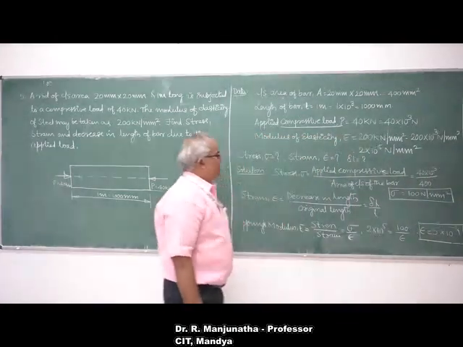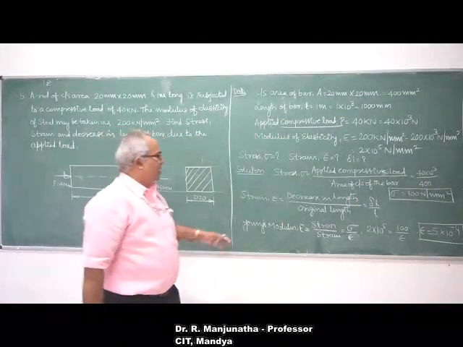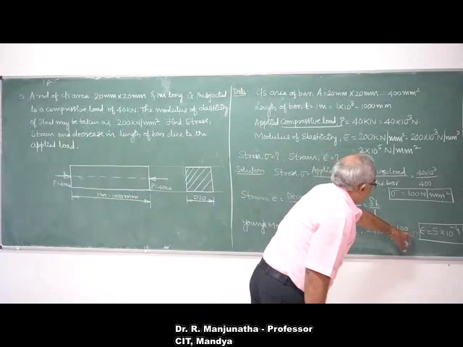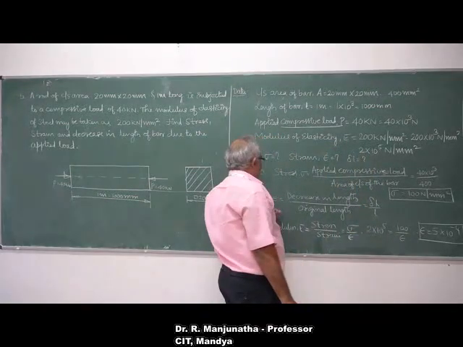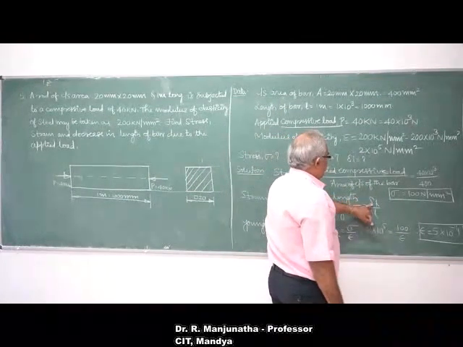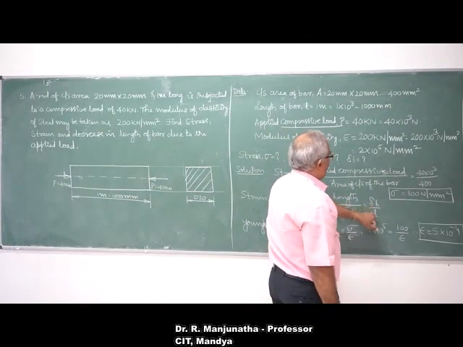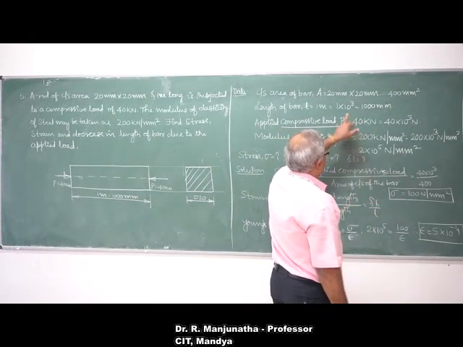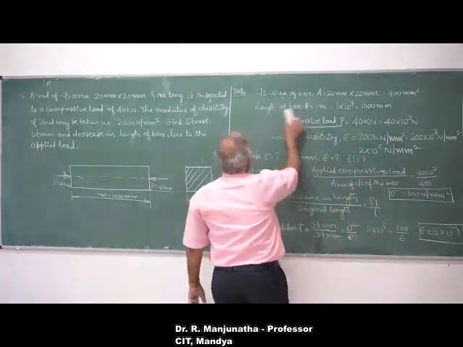Once we get the value of strain, we can apply it to the same problem. The strain is 5 into 10 to the power of minus 4. We don't know delta L, which needs to be found out, but we know the length of the bar, which is 1000. So now we need to calculate that.